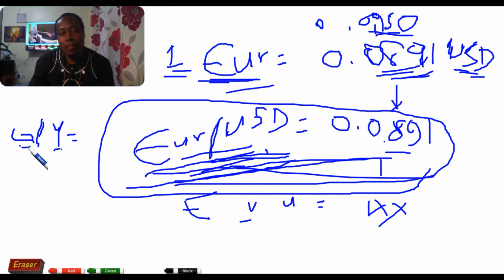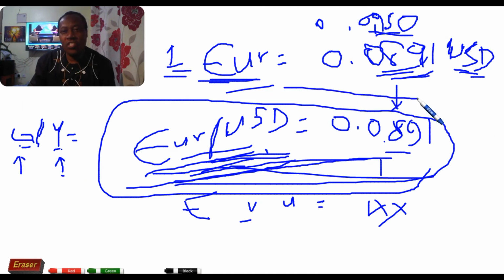And remember, whether it's a minor, a currency asset, or an exotic, or a major, whatever is on the left remains a base currency. Whatever is on the right remains a quote currency. And you can see how they are quoting each other here, using the quote currency to quote the base currency.